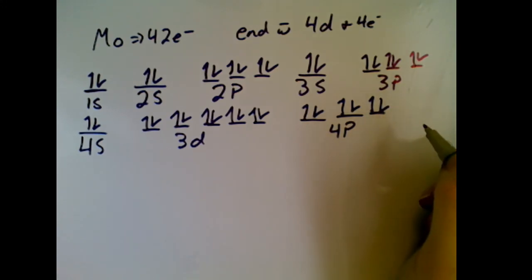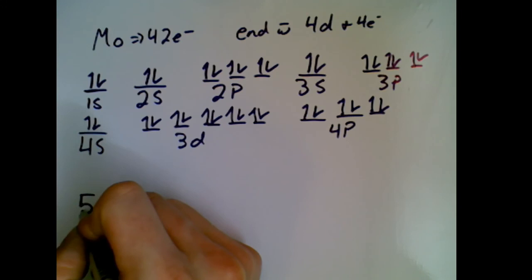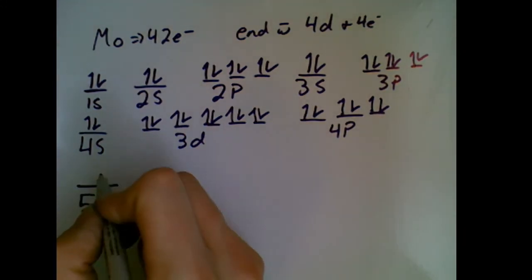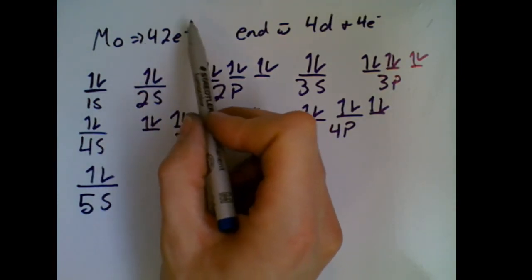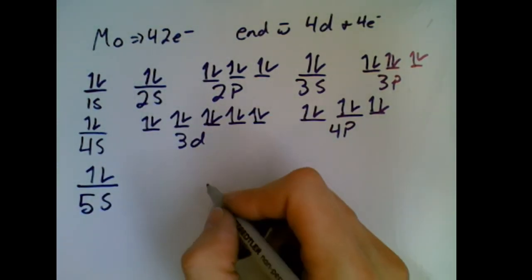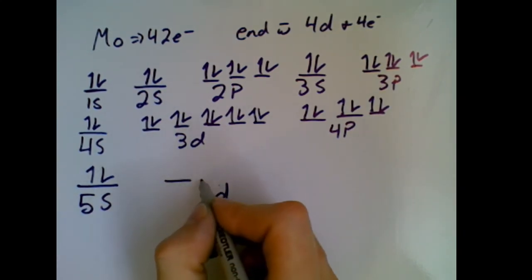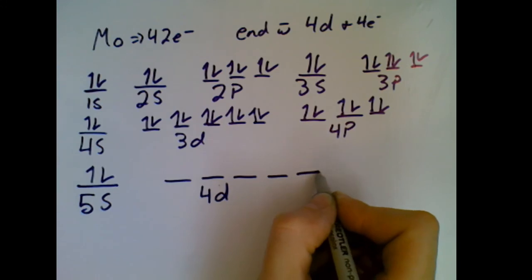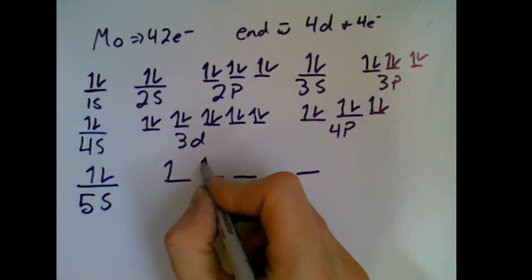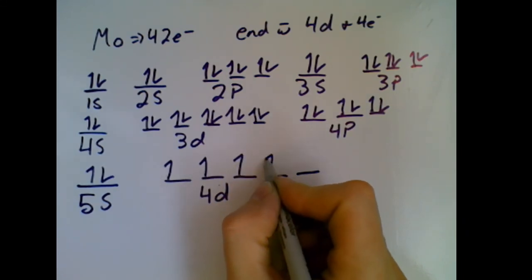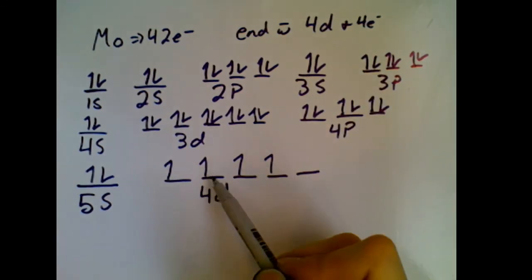So now I have used up 36 electrons. After 4p is 5s. So I've used up 38 electrons. I need 42. And after 5s comes 4d. D's have 5 shapes. I have 4 electrons left. 1, 2, 3, 4. 4d with 4 electrons.